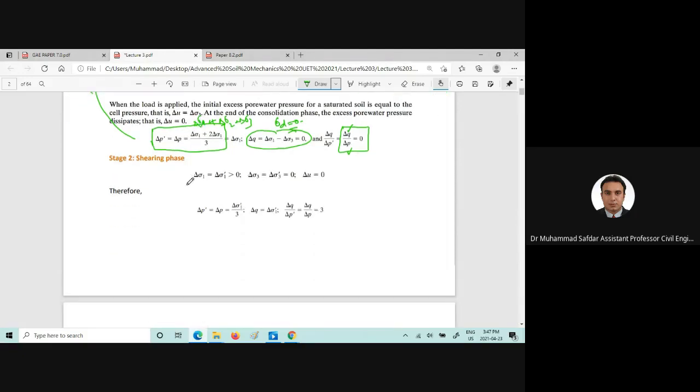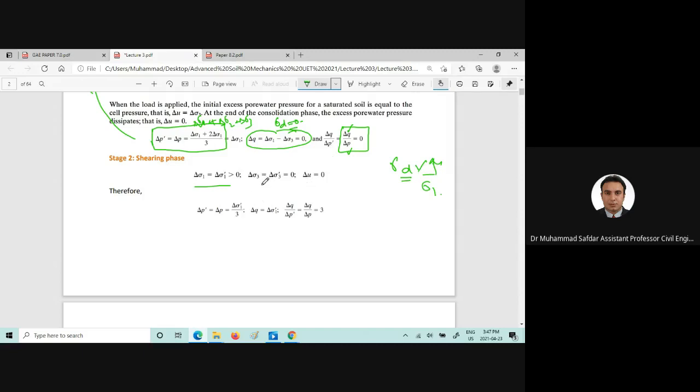Similarly, now in the shearing stage, delta sigma 1, or delta sigma 1 prime, which is effective stress, should be greater than 0 because sigma d is now applied, and that sigma d will increase sigma 1, which is the major principal stress.